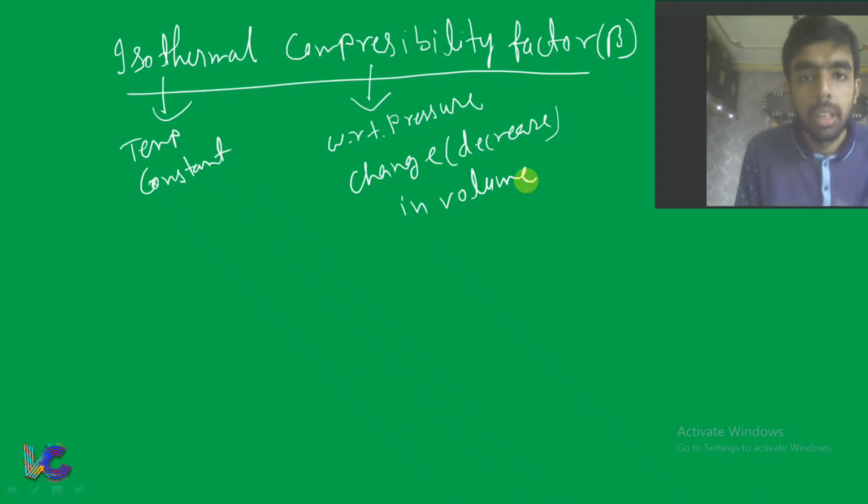That means I'm keeping the temperature constant, I'm applying pressure, and there is a decrease in volume. That means the relative negative change in volume with respect to pressure at constant temperature is what we call beta, the isothermal compressibility factor.